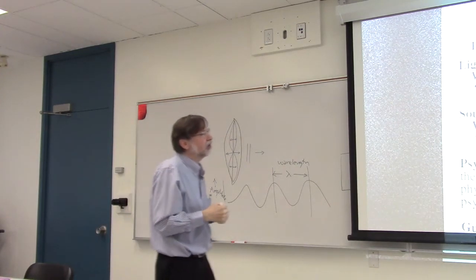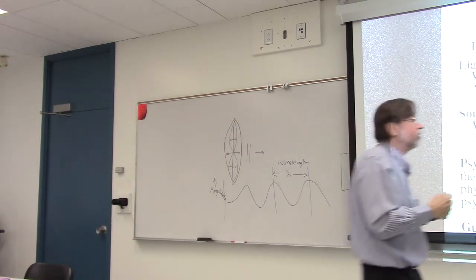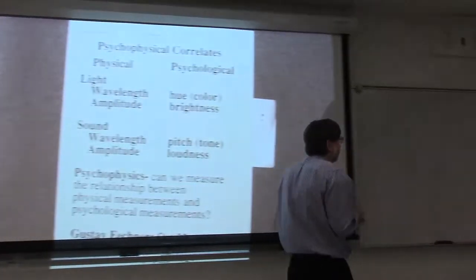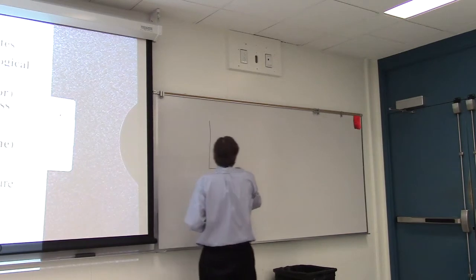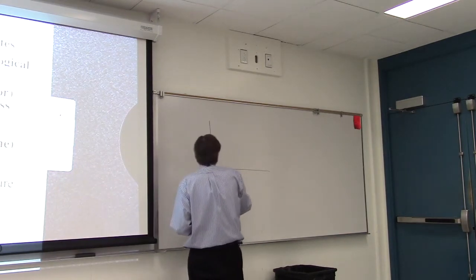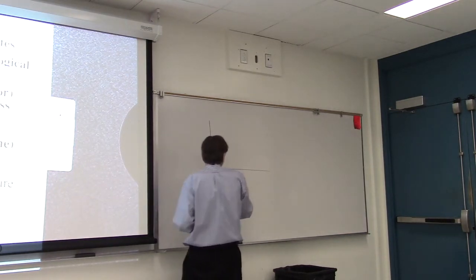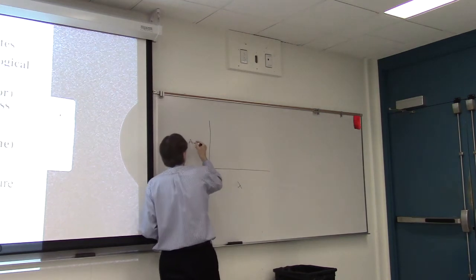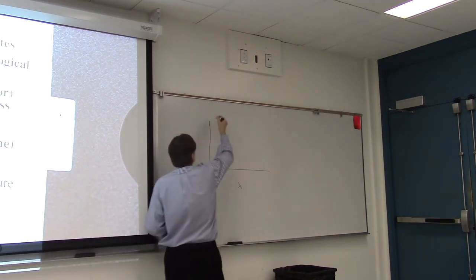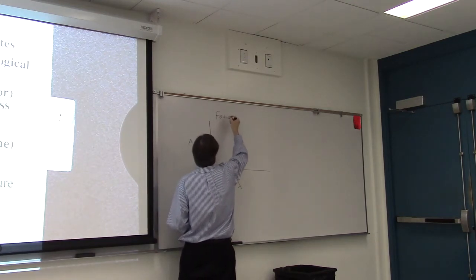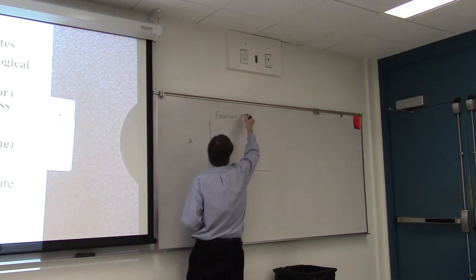We can analyze that waveform by mathematics known as Fourier analysis. And Fourier analysis analyzes a complex waveform into its wavelengths and plots the amplitude of each wavelength as a function of the wavelength. So this is known as Fourier analysis.